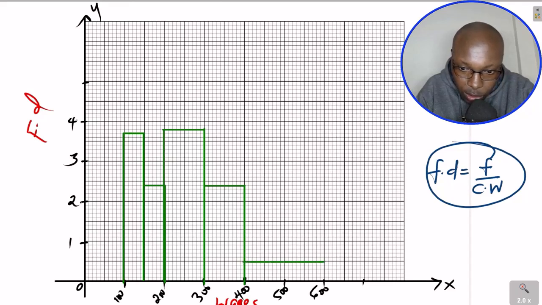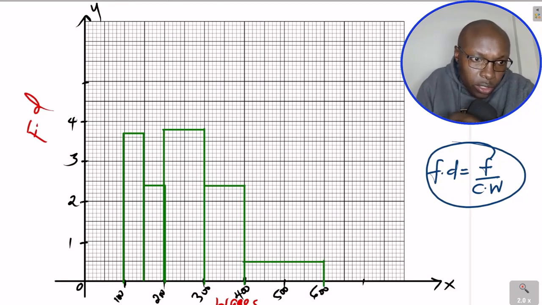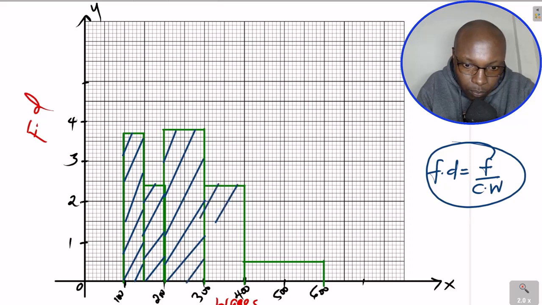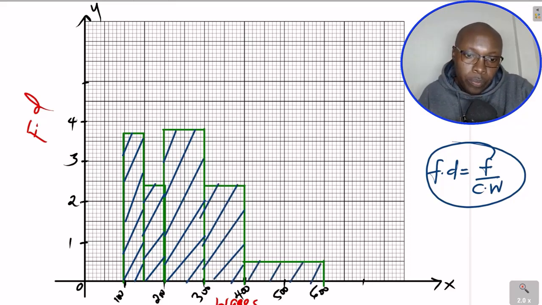So all the way to 600, that is how you draw it. So after doing that, you have drawn the histogram. You can just shade the bars, make the bars look appealing. So that is the histogram.